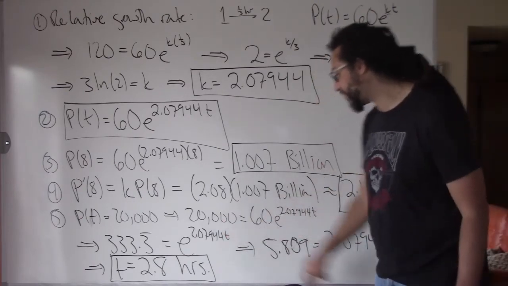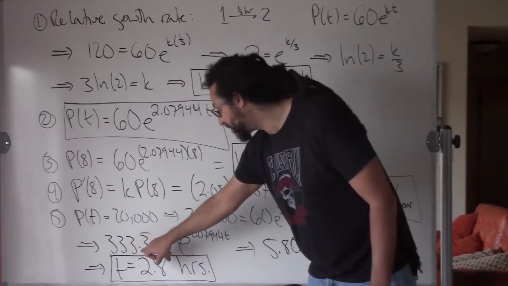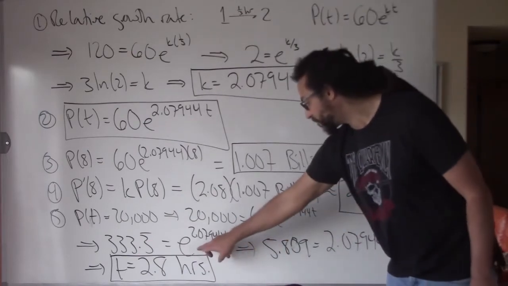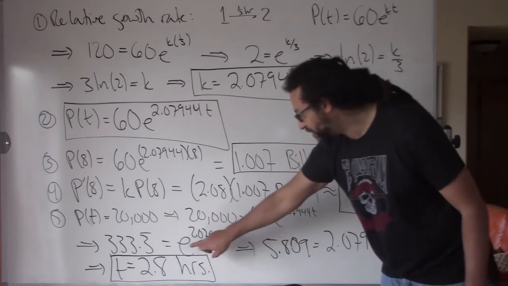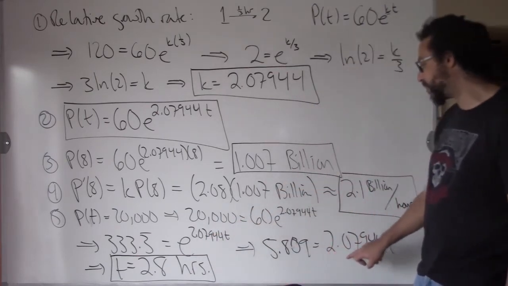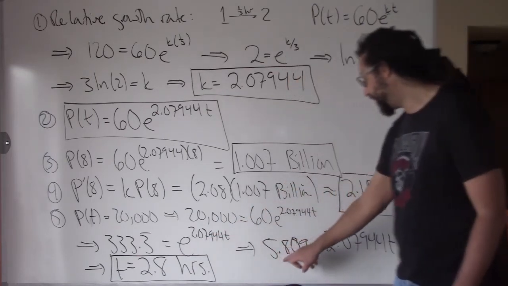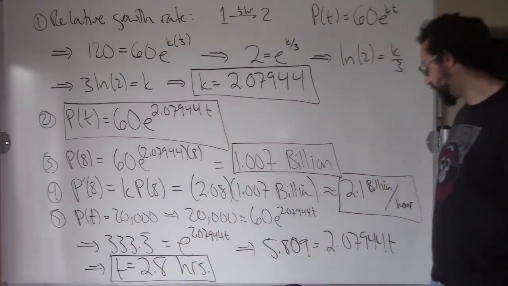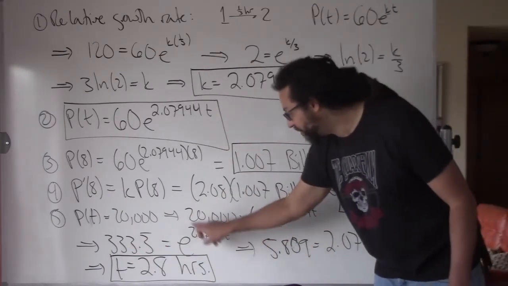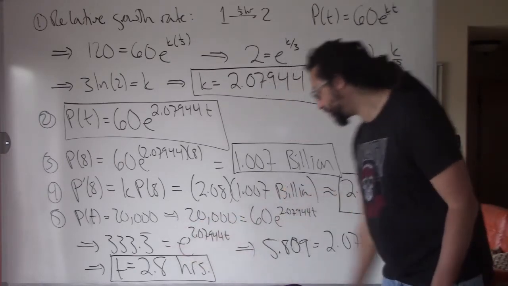So divide both sides by 60, you get 333 1/3 is equal to e to the kt. Now we're trying to solve for t, so we need to get rid of the e, so I'm going to natural log both sides. That means the natural log of this thing, 5.809, is equal to the natural log of the right. We'll just cancel the e out.